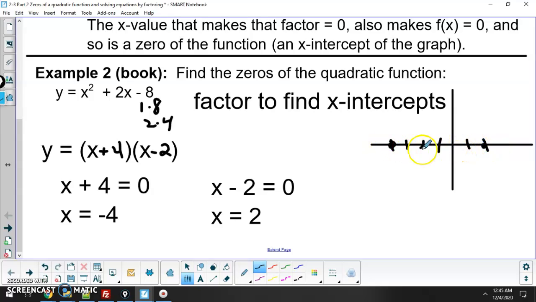Well, these two zeros are going to be equally distant from the vertex. So if we were graphing it, the vertex would be located halfway in between these two zeros. So there is a total distance of 6 apart, so it would be located at the point right here. So your vertex would be somewhere down here, probably even lower, but your parabola would look roughly like this.